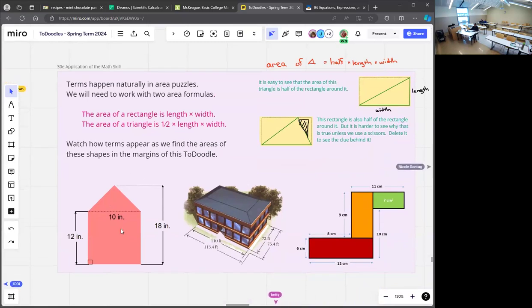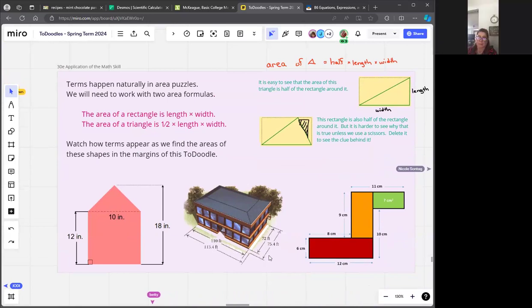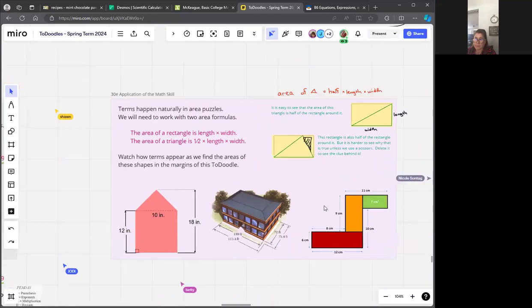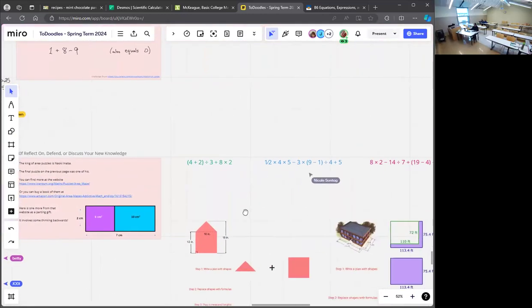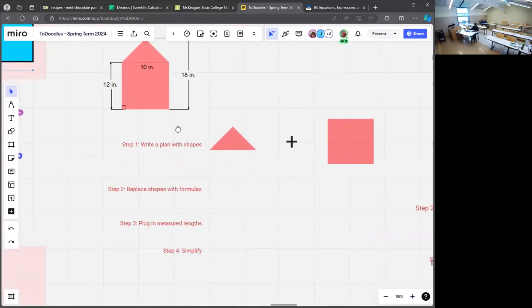Okay, we are going to find the area of these three shapes. I'll do the first one and you can help me with the other two. And we'll see how terms just appear out of this. So I'm going to scroll over to where they're all here.